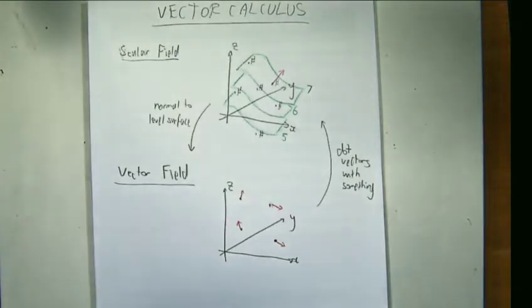This idea that I can get from a vector field to a scalar field by doing some sort of dot product, and I can get from a scalar field to a vector field by finding normals to the level surfaces, is the whole idea that all those Green's theorems and Stokes theorems are based on.